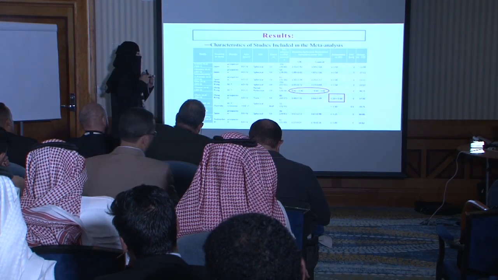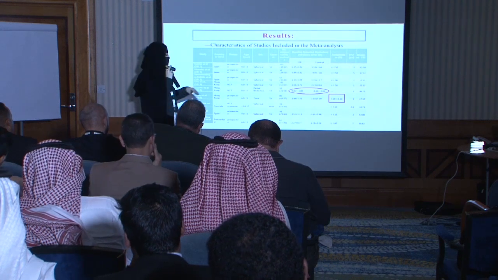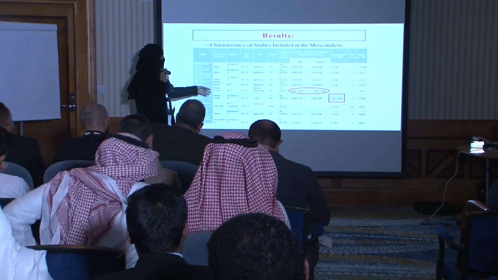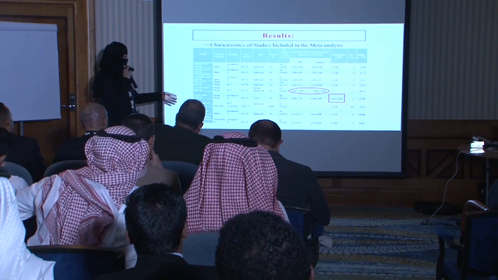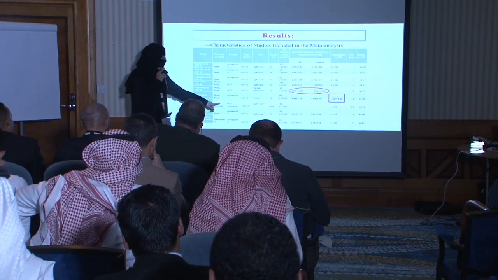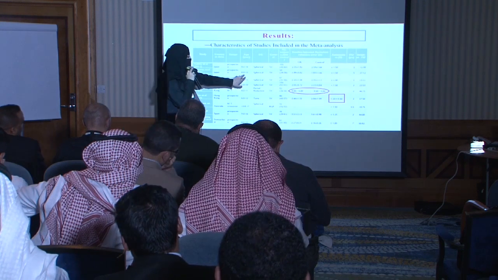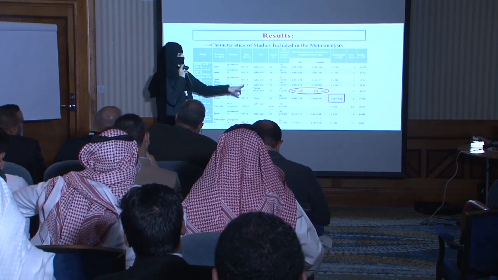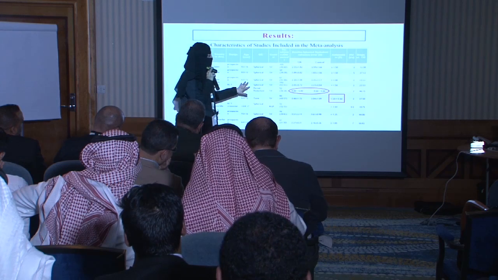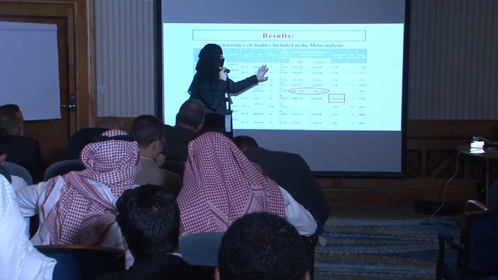In this table, as you can see, most of the studies were conducted in Eastern countries, and only 3 of the studies are from Caucasian populations, and the age range was between 6 to 17 years old for the children.